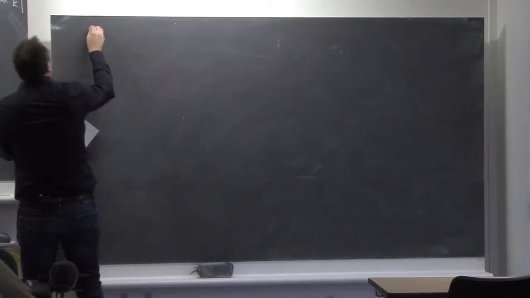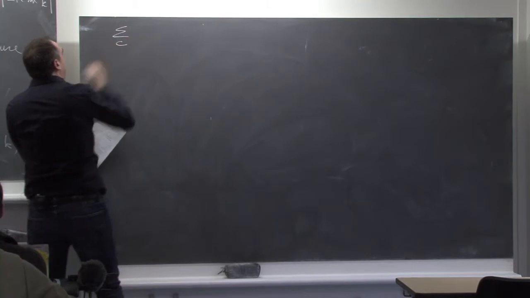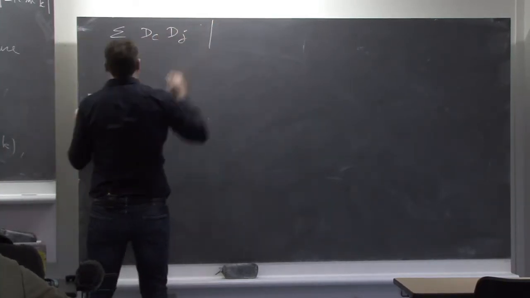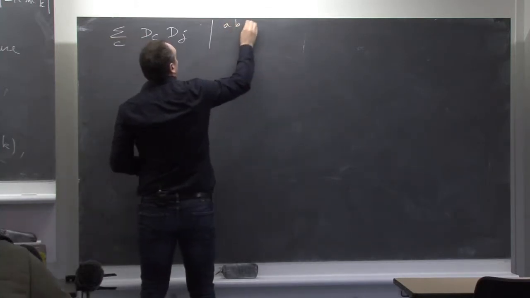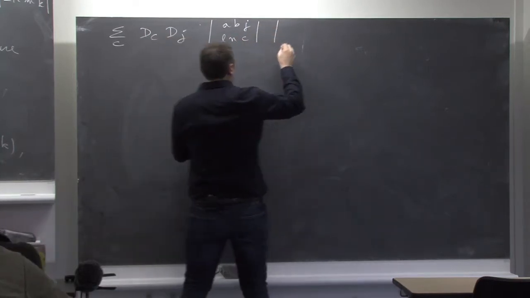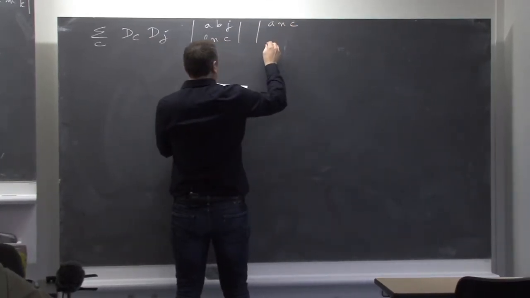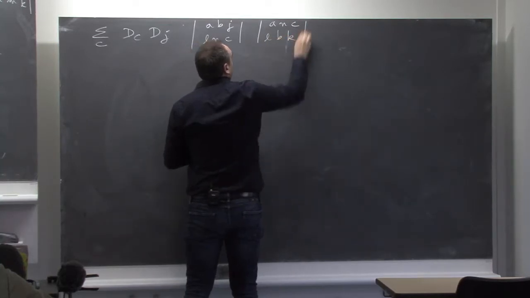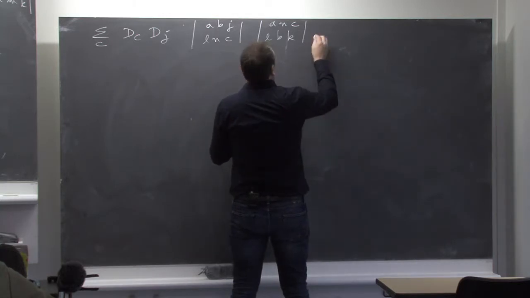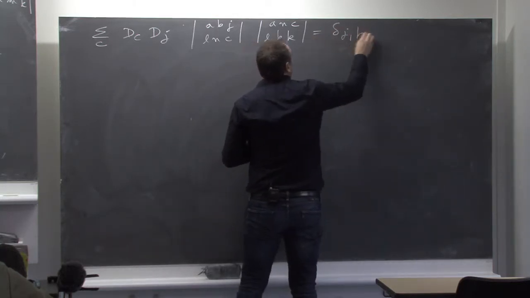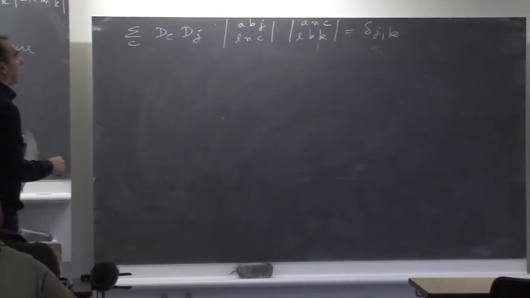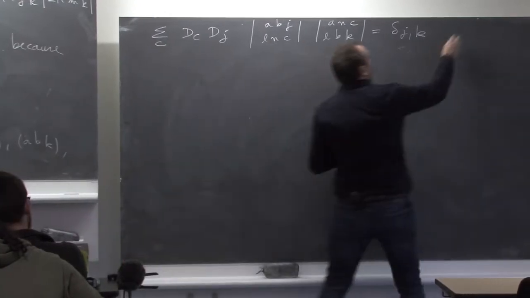So the sum over C of d_C d_j of the symbols A, D, G, L, N, C times A, N, C, L, B, K is delta G K. So I will call this relation, let's say, A.